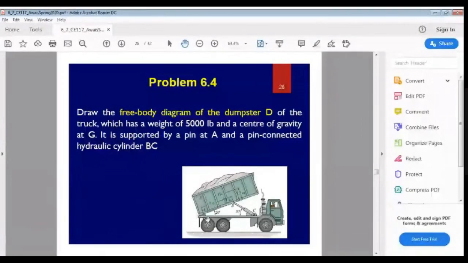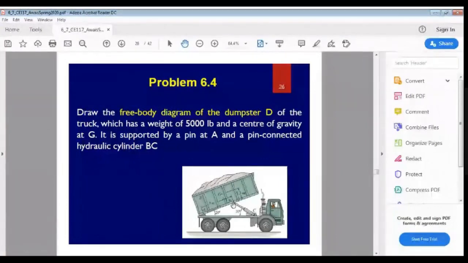It is also given to us a pin connected hydraulic cylinder BC. So there is a hydraulic cylinder which is also supporting this dumpster, and this hydraulic cylinder is also pin connected at this location and also at this particular location.